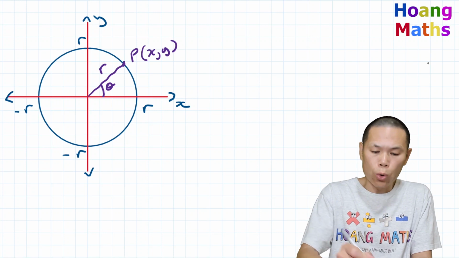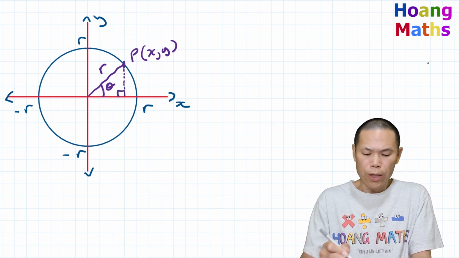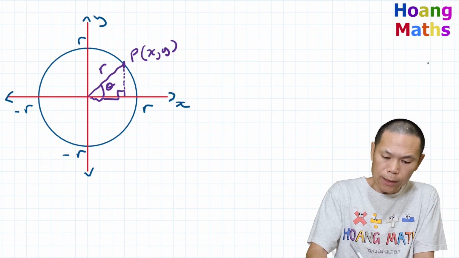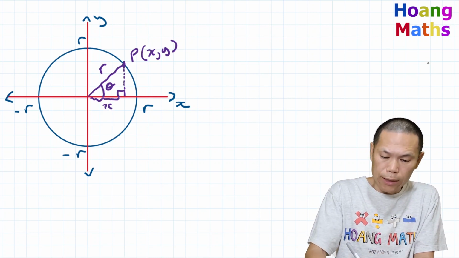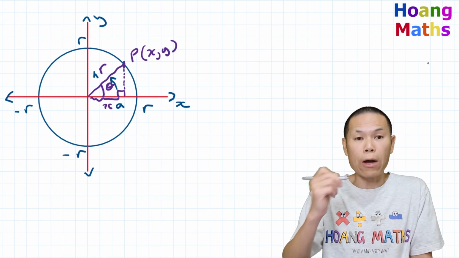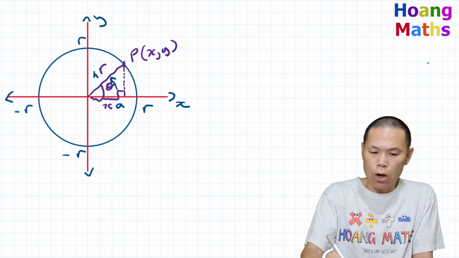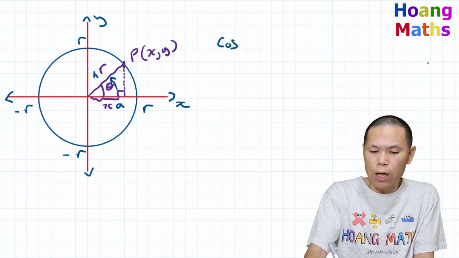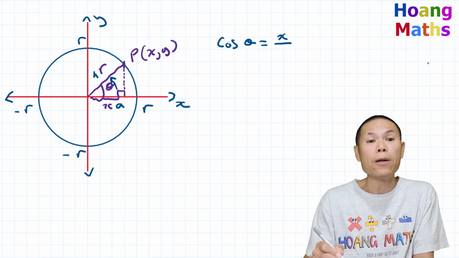Now to work out the coordinate x, let me construct a right angle triangle, and this is x. So therefore we have the adjacent, which is A, and the hypotenuse, which is h. To work out x, adjacent over hypotenuse is cos. So cos of angle theta is the adjacent, that is x, over the hypotenuse.